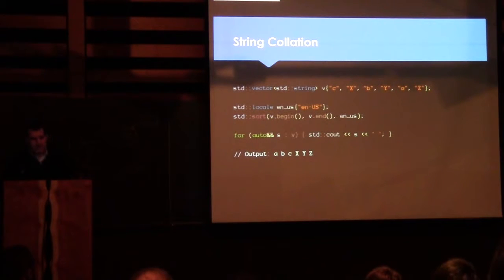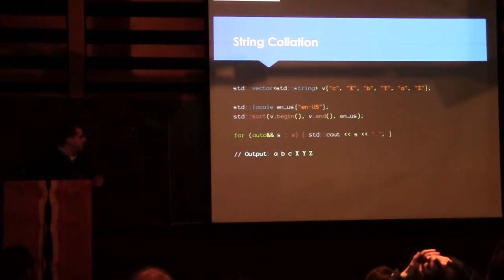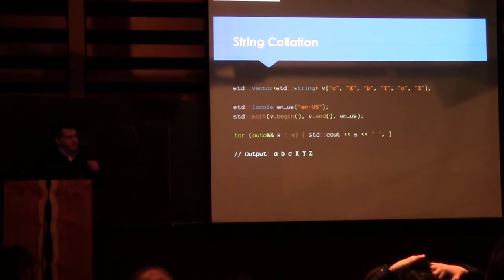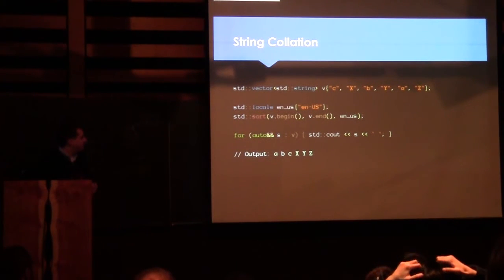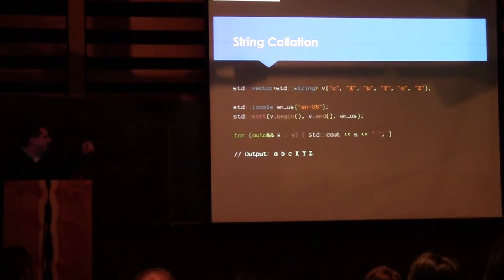So what we actually need to do in order to get an alphabetization is use some locale, because alphabetization and collation is fundamentally locale sensitive. It's particular to each language. So for example, if we create the English locale for the United States and sort these, then we'll get them in the expected alphabetical order.